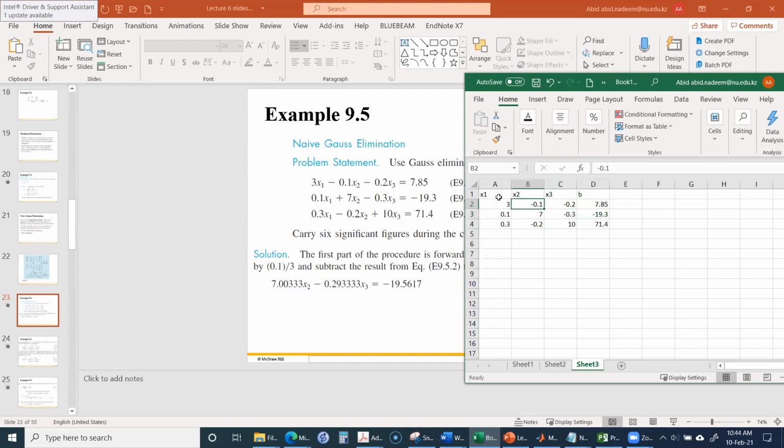Yes. 3, minus 0.1, minus 0.2, 7.85; minus 19.3, minus 0.3, 7.1, 0.3, minus 0.2, 10, and 71.4.